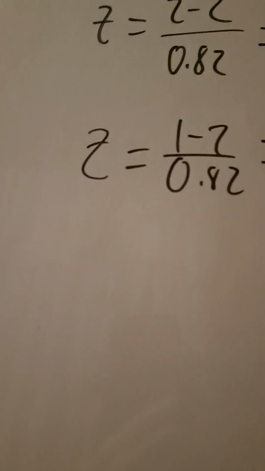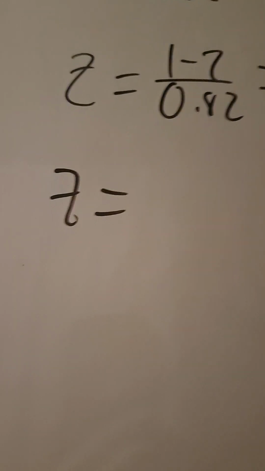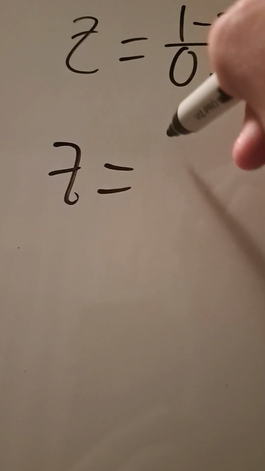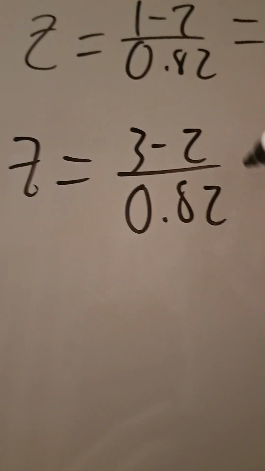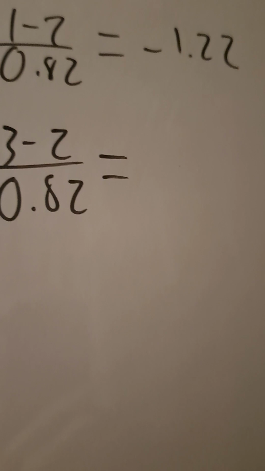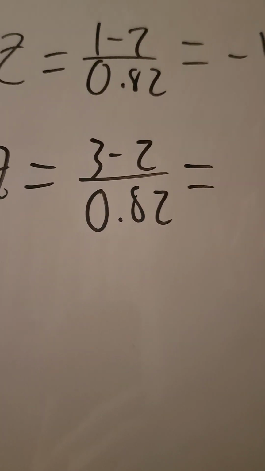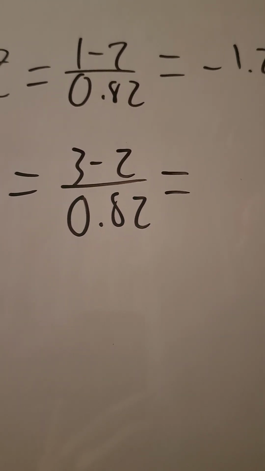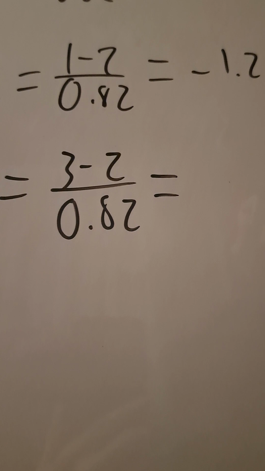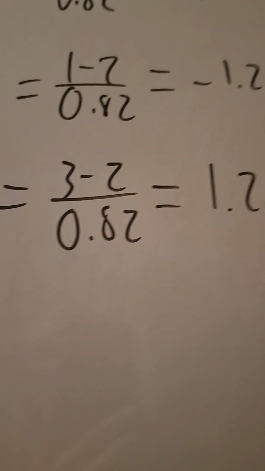And finally, for our last score of y, the z-score is going to be 3 minus 2 over 0.82, and that is going to be equal to positive 1.22.